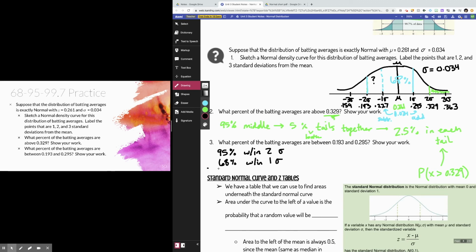So if I subtract those, I end up with 27% of my data, and that is between -2 standard deviations and -1 standard deviation, and between 1 and 2 standard deviations together.